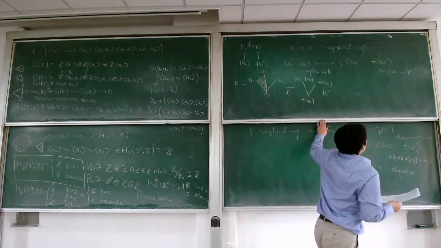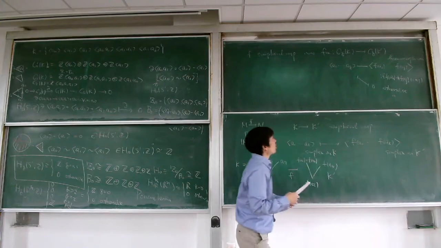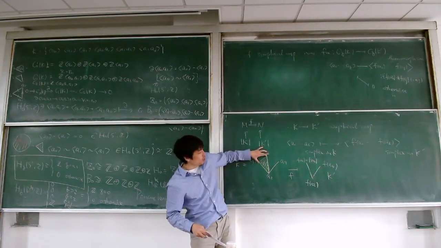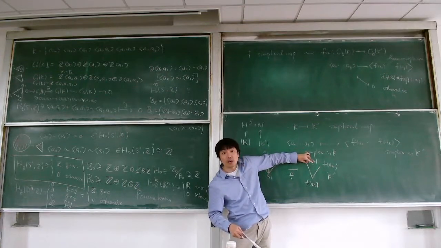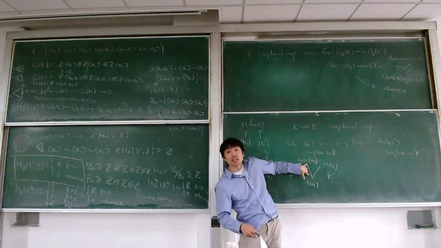For instance, A1 and A3 are mapped to the same point. Same point. So therefore, the 2-simplex collapses to a 1-simplex.